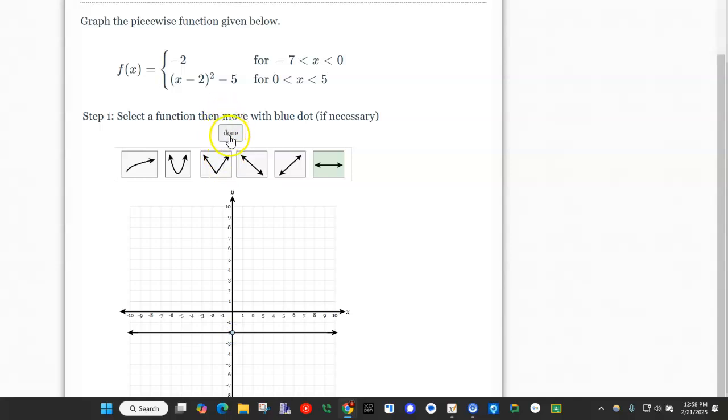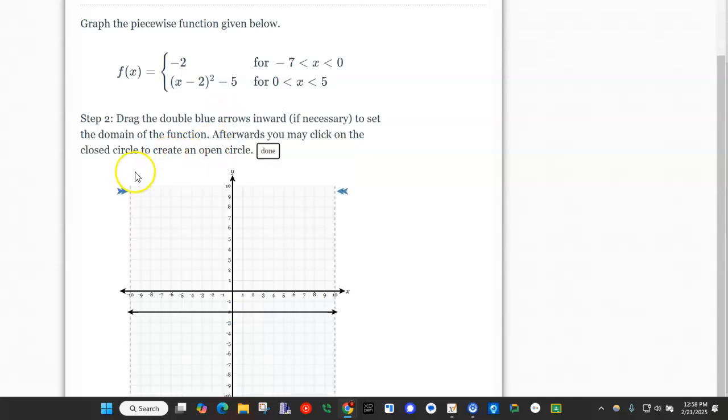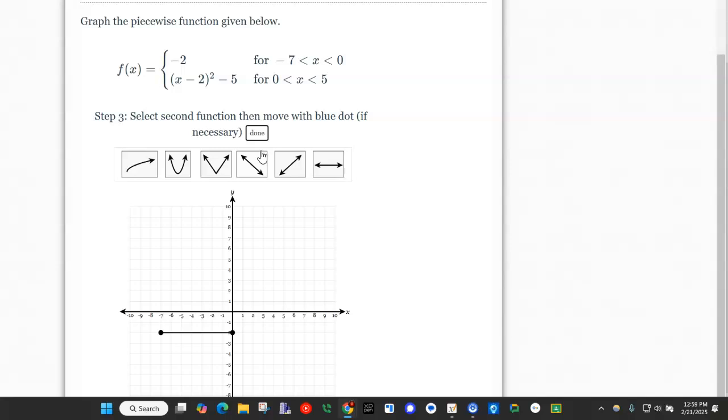You hit done, and then you adjust the domain. So you have these little arrows on either side. So -7 to 0. And you hit done. And then you can do the open and closed. So these are both open. So I click once, click twice. All right, so it's a little bit easier for the graphing because you don't have to do quite as much work.